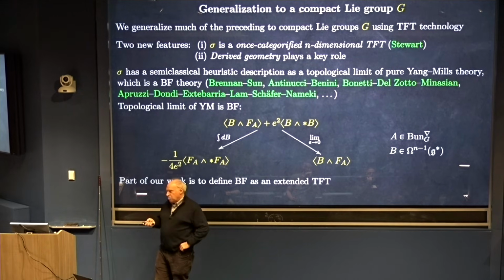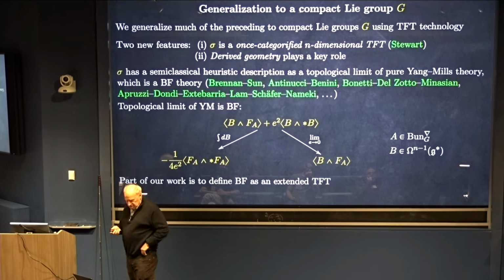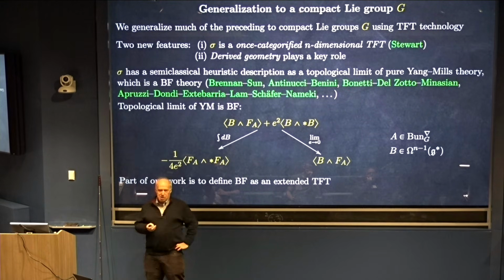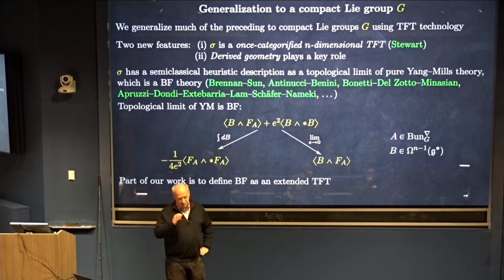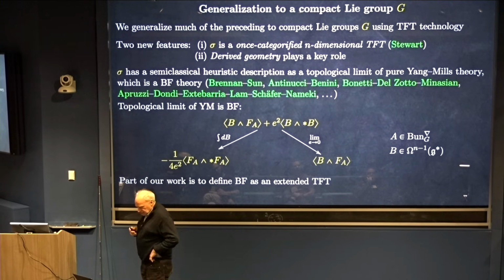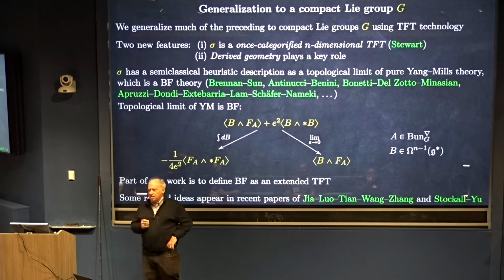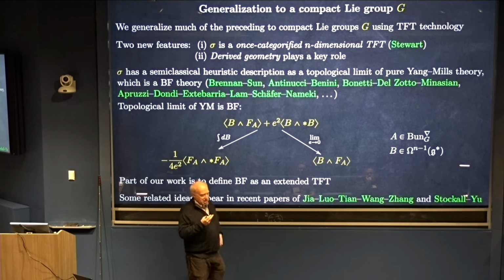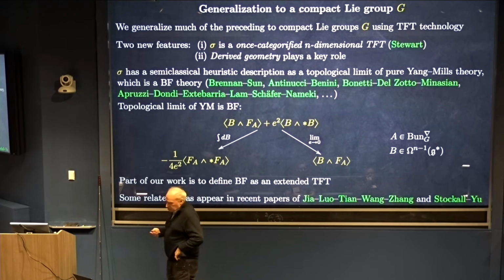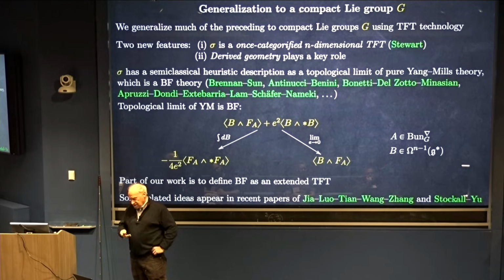So you can interpret part of what I'm going to say as defining BF theory using the technology of topological field theory as an extended field theory, but without this top n+1 dimensional layer. Okay, and I learned this week that some related ideas to what we're going to say appear in these recent papers, but in different forms.